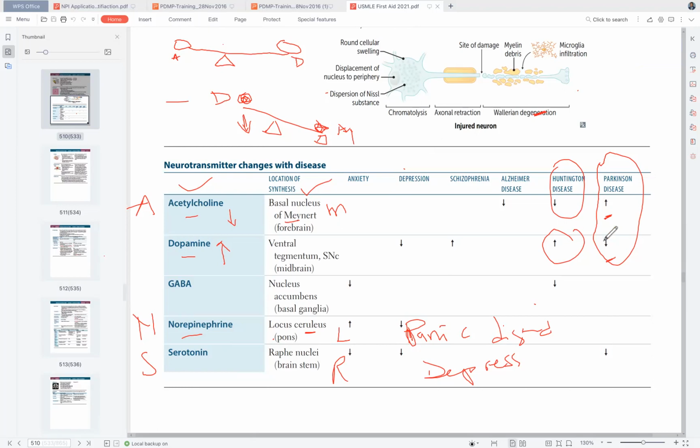Because we said Parkinson has low dopamine but high acetylcholine. So now we can lower the acetylcholine so that they have treatment of their symptoms, or we can increase the dopamine so that it's still at the level. It makes sense, right?